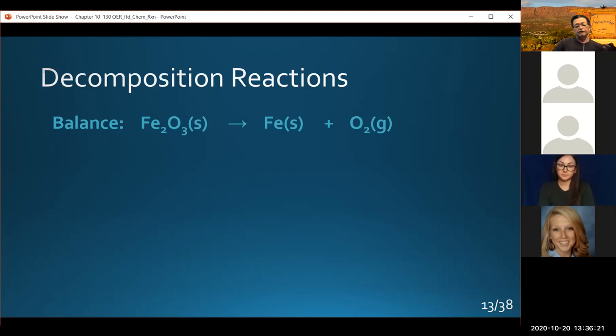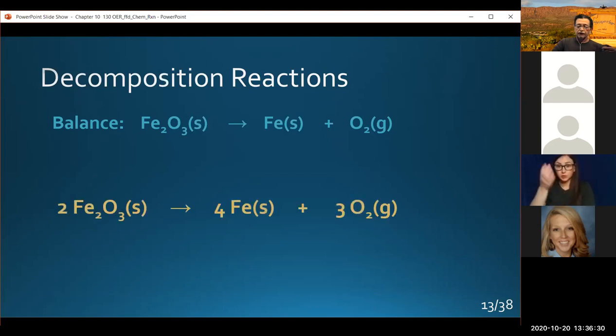If we can find this in space, we have an oxygen source here, so we can create oxygen. Again, we balance the chemical equation. Note the ratio: 2 iron(III) oxides produce 4 irons and 3 oxygens. Every time we balance an equation, analyze the ratio. We're going to be using those later.